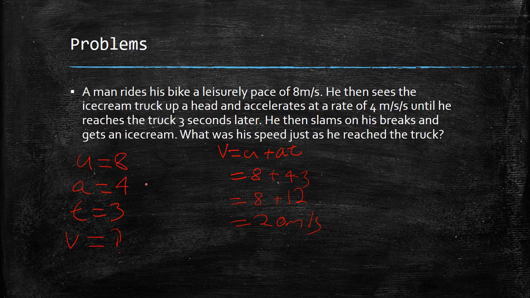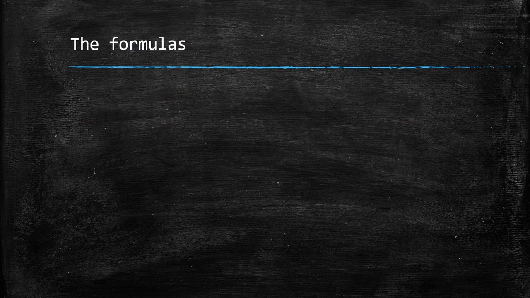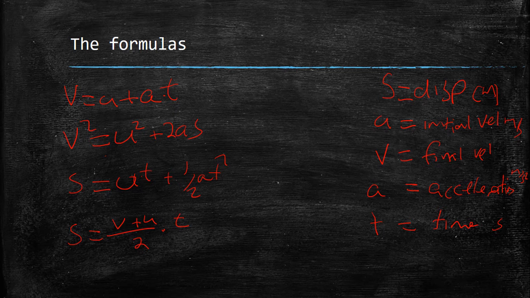We have these values, so that leaves these ones. We have his initial velocity, U. We have acceleration, yep. And we have distance. Okay, so that leaves this third equation here.